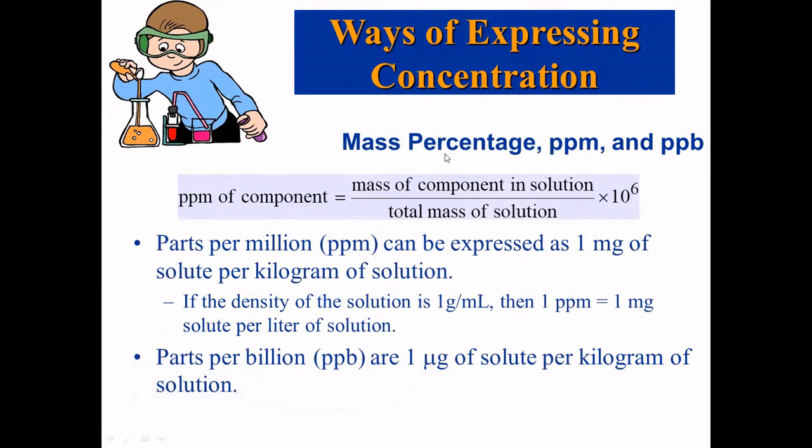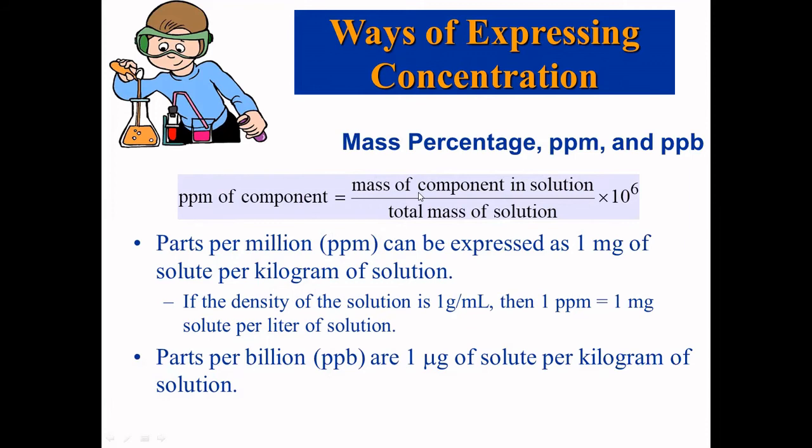Now, when we speak of parts per million, it is the mass of a component in solution divided by the total mass of solution times 1 million. As such, it says parts per million. What is the mass of that particular component in solution divided by the total mass of solution?